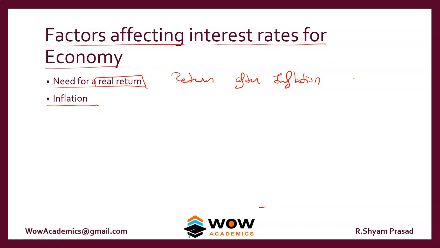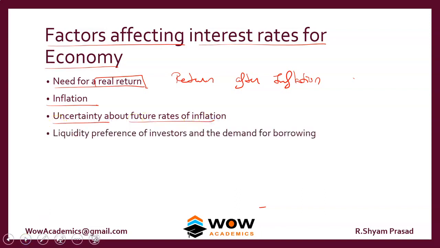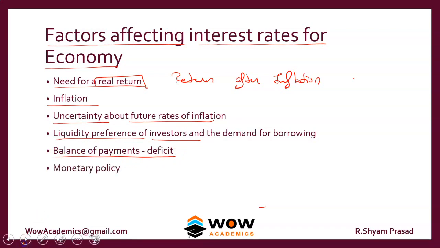Inflation: the interest rate is also determined based upon the inflation in a country. Uncertainty about future rates of inflation. Liquidity preference of investors. Balance of payment or deficit in the government's account. Monetary policy of the government. These are the factors which determine the interest rate in an economy.